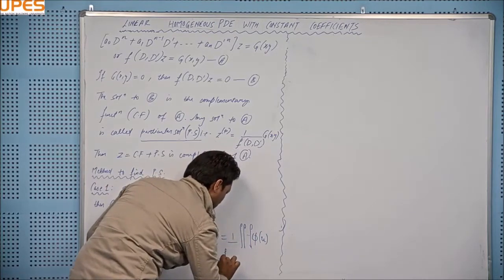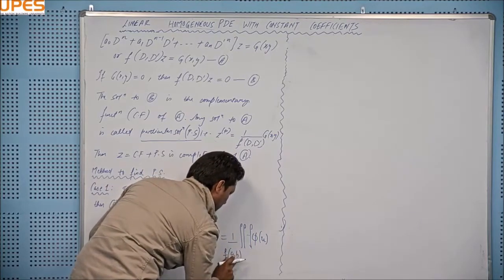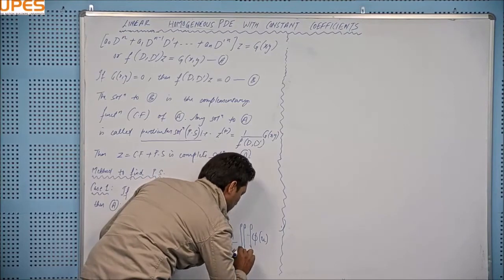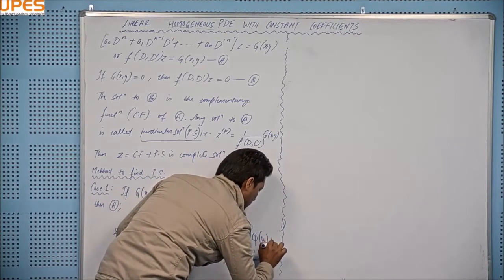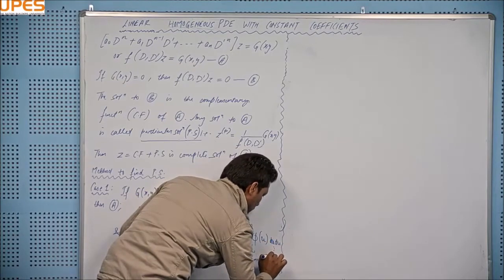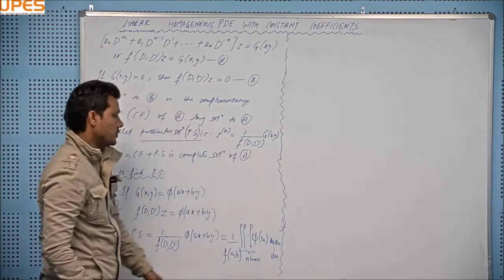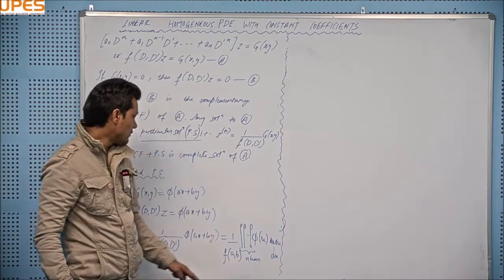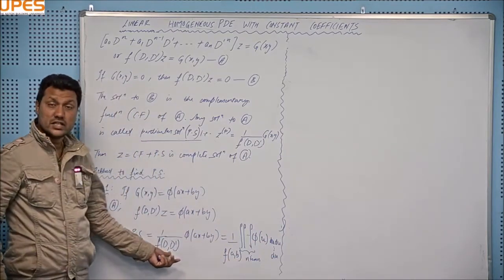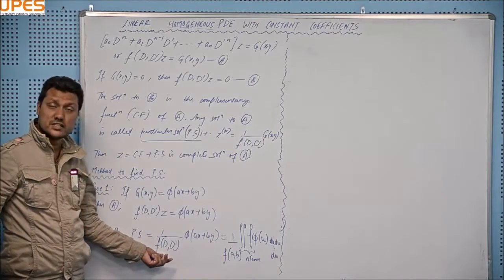One upon f(a, b) integrated n times, du. This du has been written n times, right? And what is n? n is the order of this f(D, D'), treating it as a polynomial.